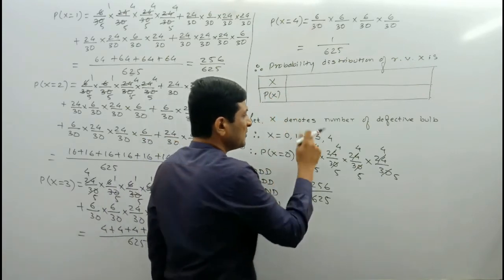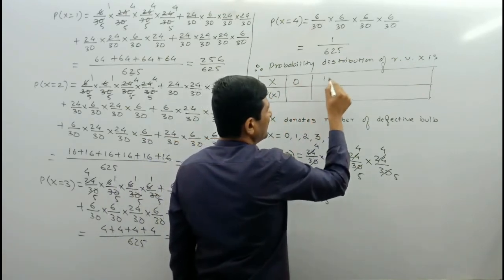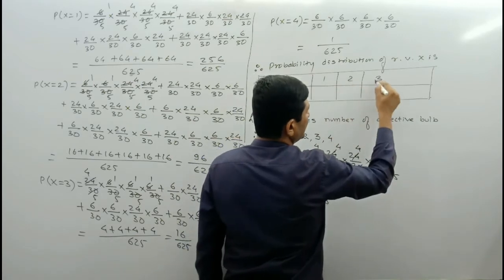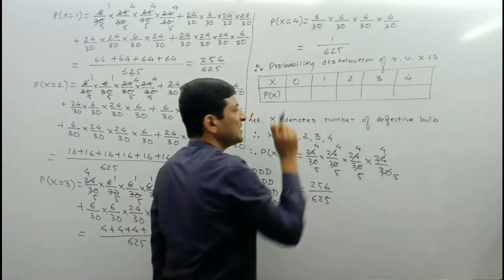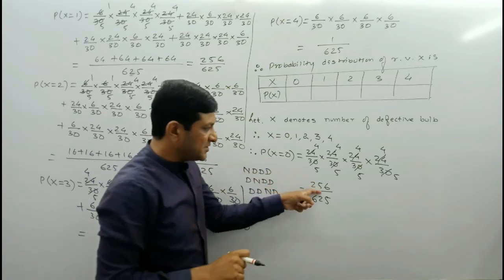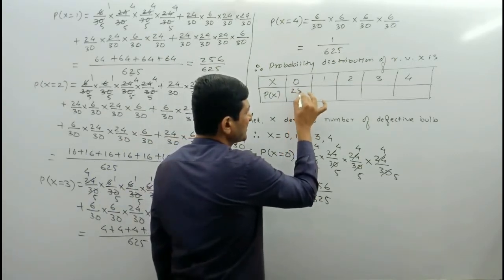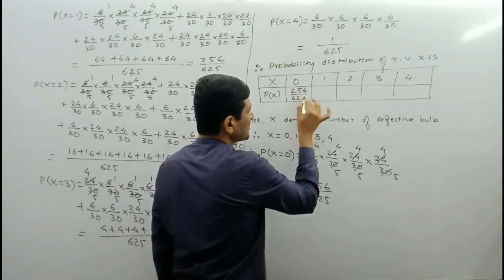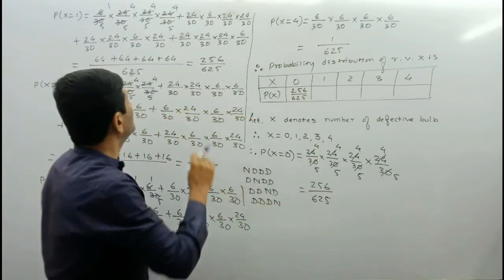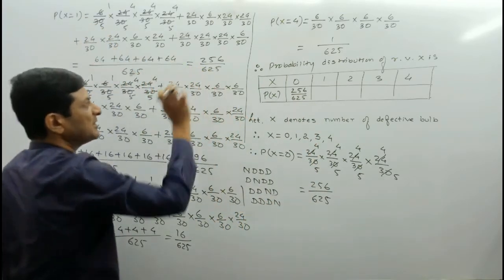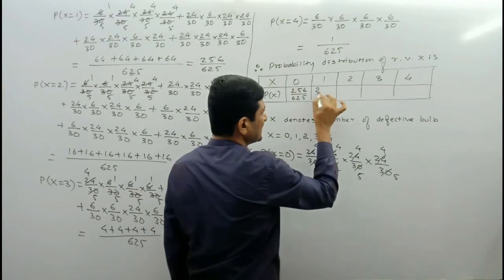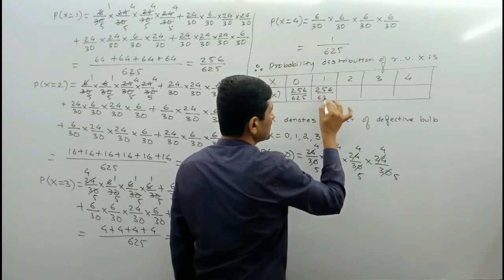What values of x we have got here? 0, then 1, 2, 3 and what? 4. Already we have seen that when x is equal to 0, the probability is 256 upon 625. When x is equal to 1, at that time also the probability is 256 upon 625.